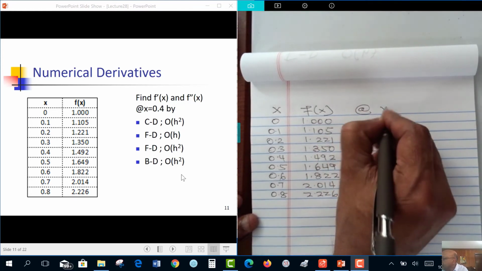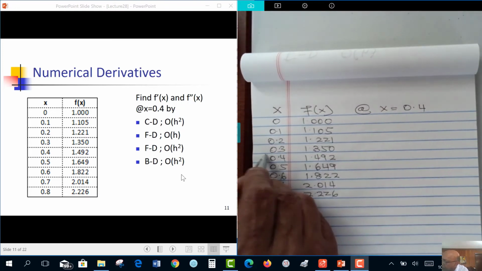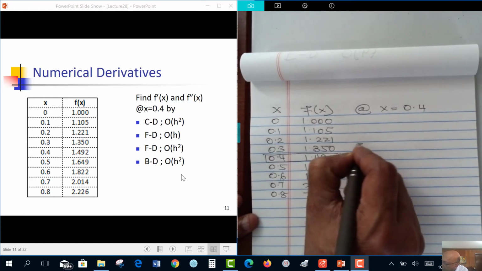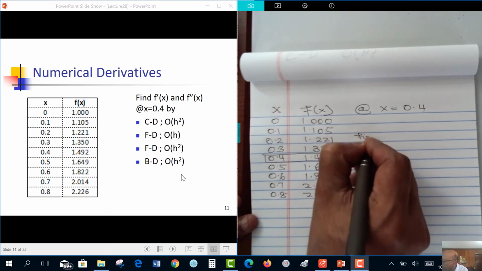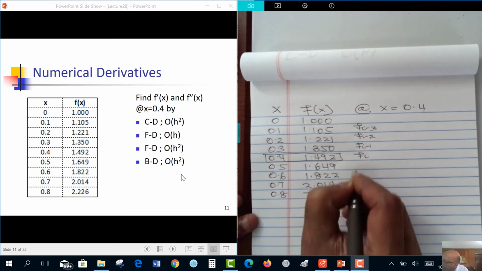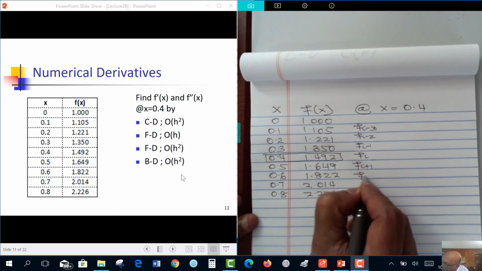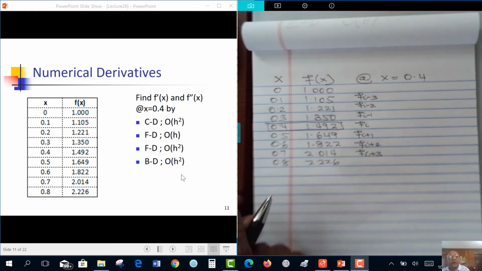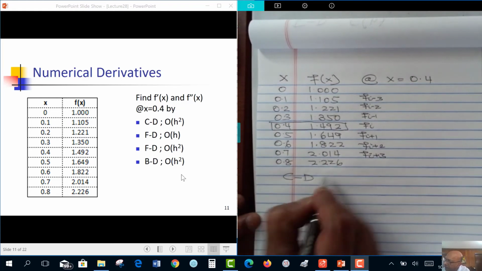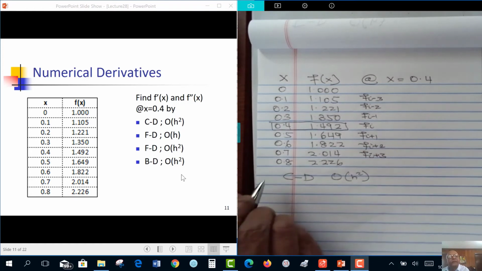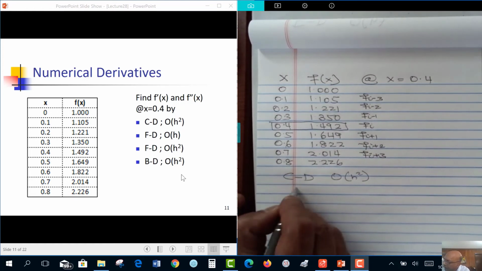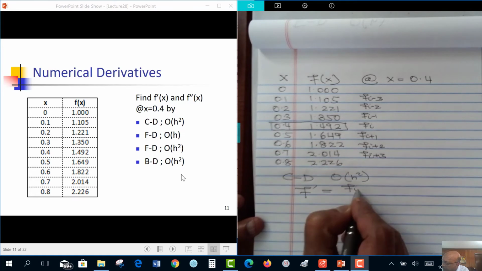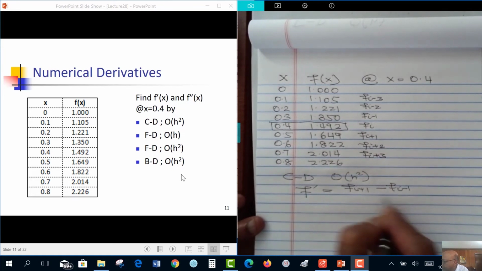So remember, we want x equal to 0.4. So this is our 0.4, this is our function value, one before, one before, one after, one after. So first is central difference, order h square. Let's do the first derivative. Our first derivative formula was (fi plus 1 minus fi minus 1) over 2h.